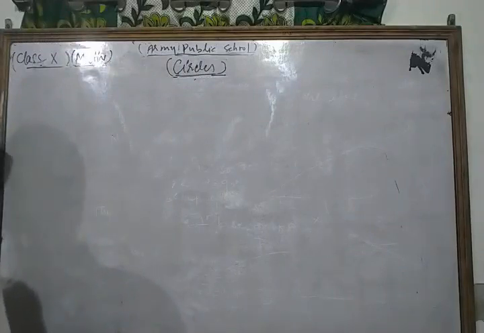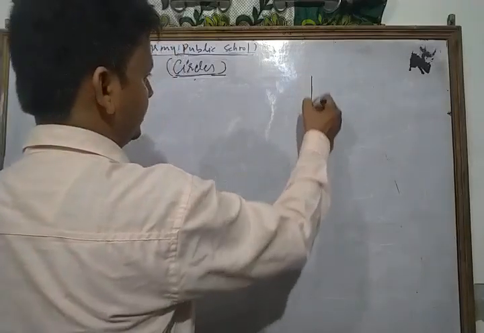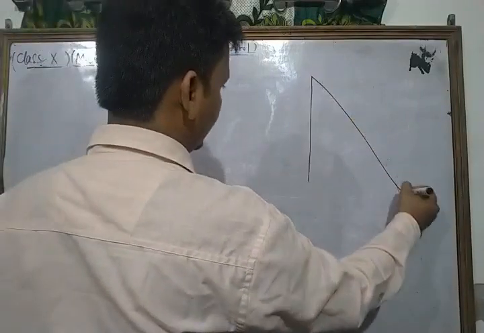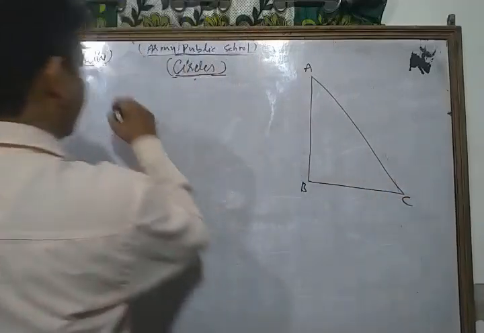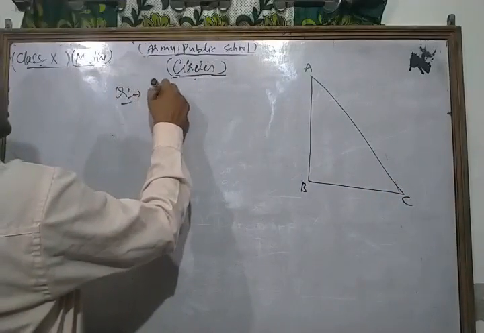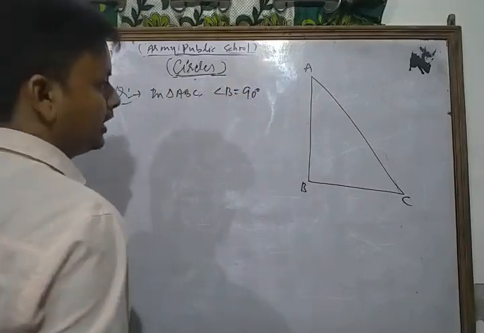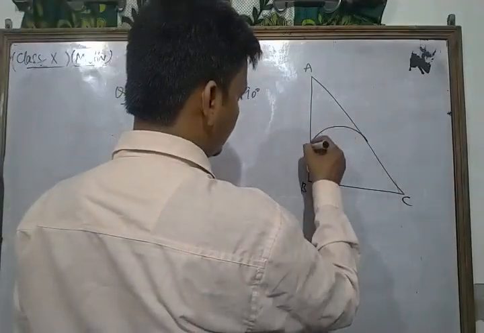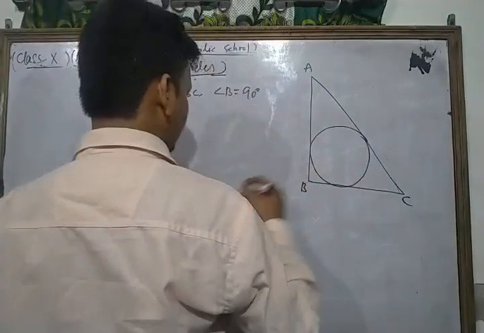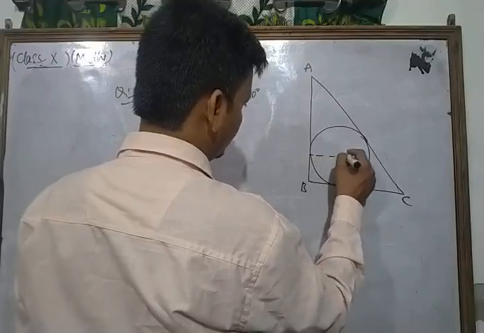And your question is: ABC is a right angle triangle, right angle at B. In triangle ABC, angle B is 90 degrees, and an incircle is inscribed in it, taking O as the center, and this is the radius of the circle, you know that very well.